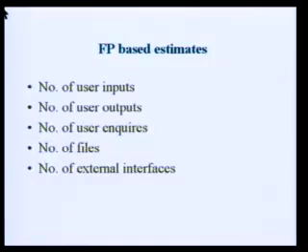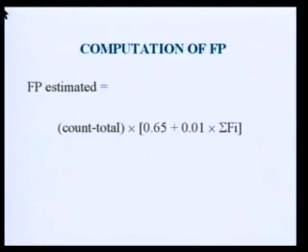Whenever you are adding them, you will be using some constant, which depends on the complexity of the project. After adding them, you get the count total, and then you apply this formula. Then there is one term which you don't know in this formula, that is Fi. Fi is nothing but i from 1 to 12. There are a total of nearly 12 points which will be used to calculate this formula.